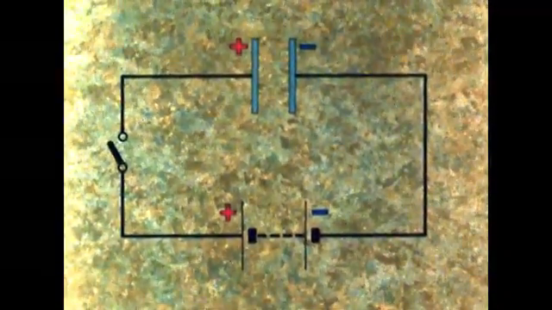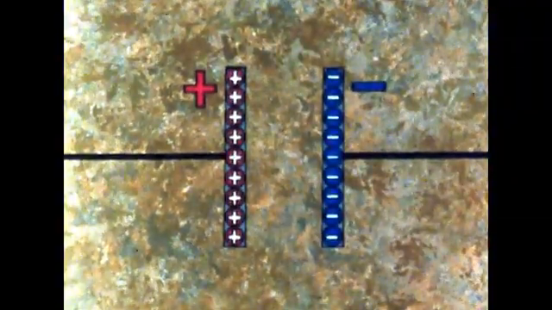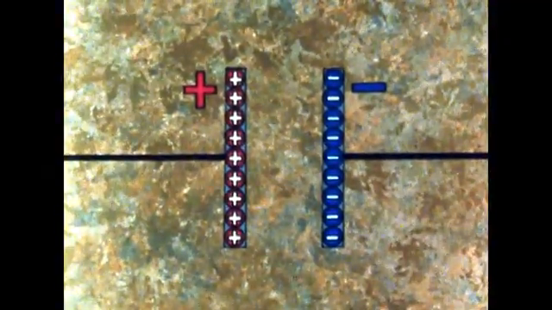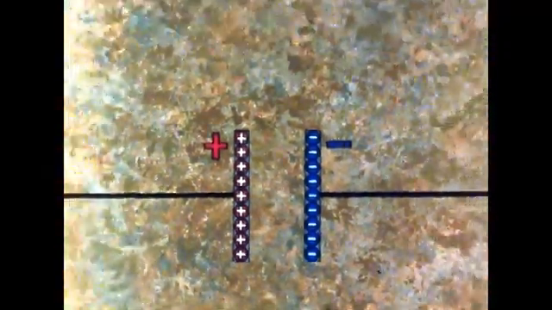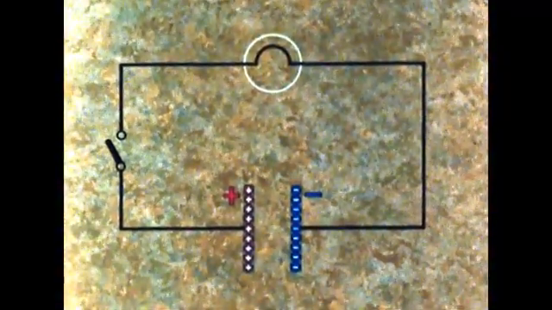If the switch is now broken, the charge remains on the plates and the capacitor is storing an electric charge. When charged like this, the capacitor is rather like an electric cell with a positive and negative terminal, and in fact it will behave like one for a short time. Suppose this charged capacitor is now connected through a switch to a lamp.